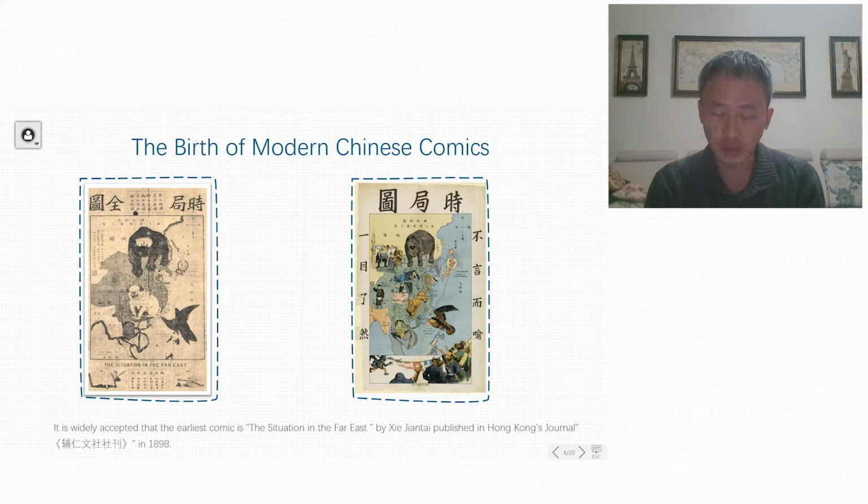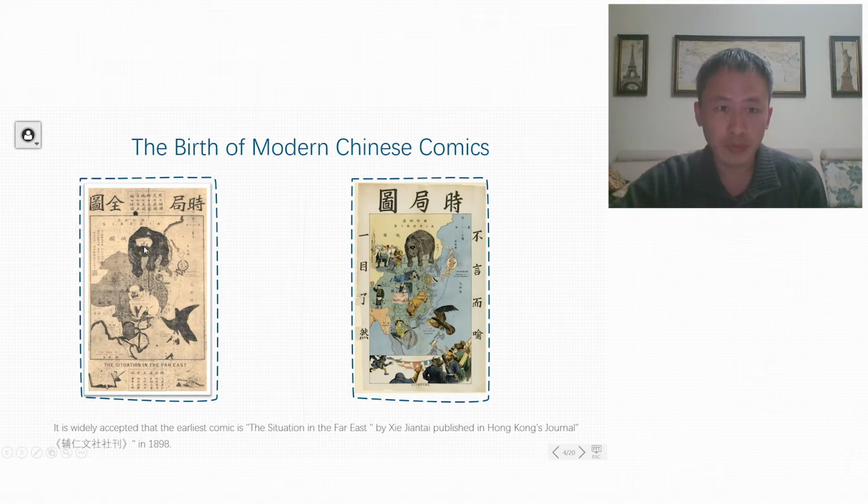Later, in 1903, there was a new version of this painting, and we can see clearly that the painter used different animals referring to different invaders. Look here.